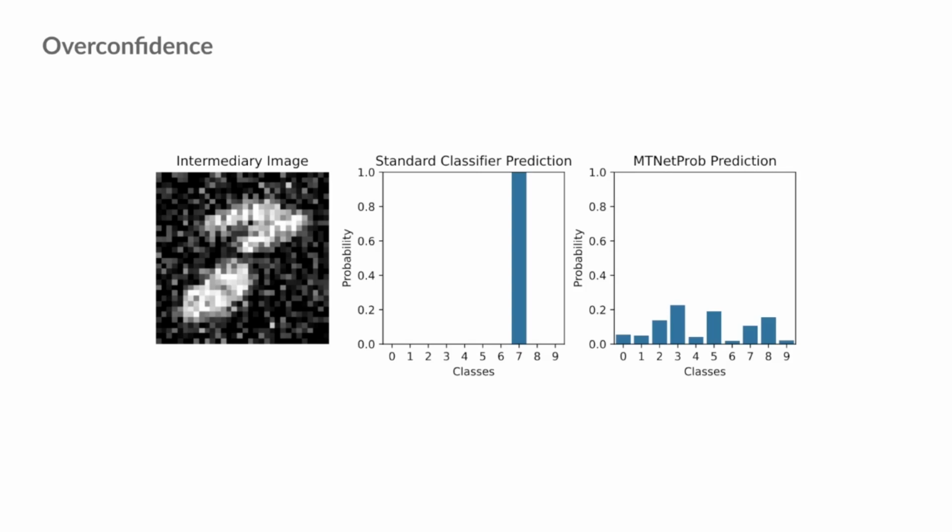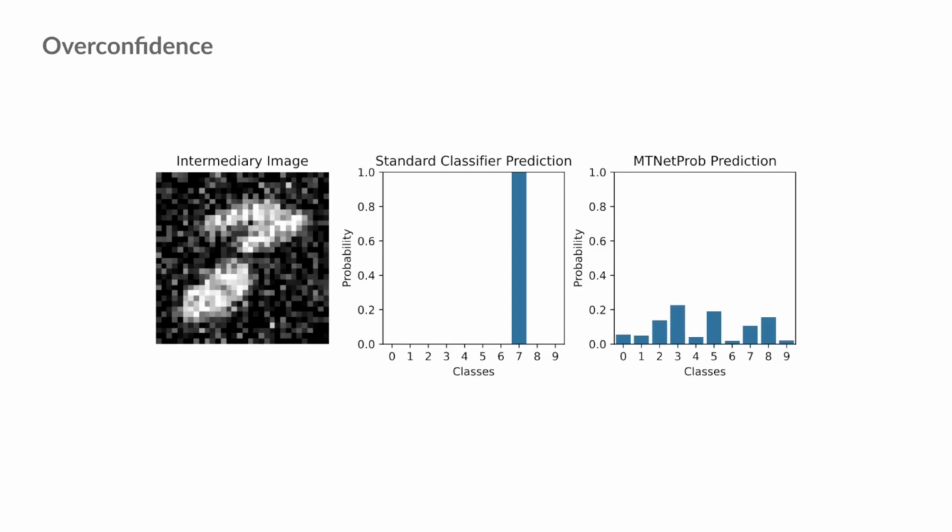To investigate this, we implemented classifier guidance on a proof-of-concept diffusion model that was trained on the MNIST dataset. On the left here is an actual intermediary image from this diffusion model, and in the middle we have the predicted labels of an actual classifier trained using the standard methodology for classifier guidance, and we see that this classifier is very overconfident.